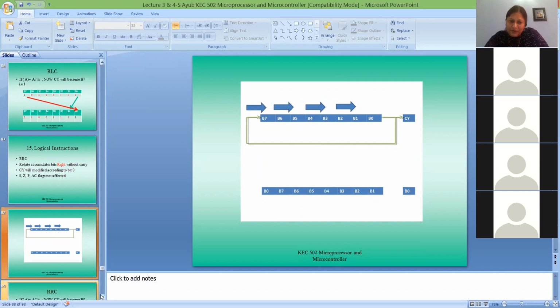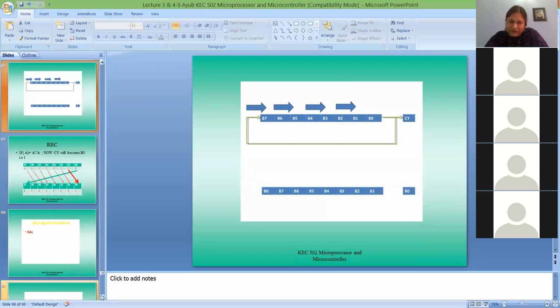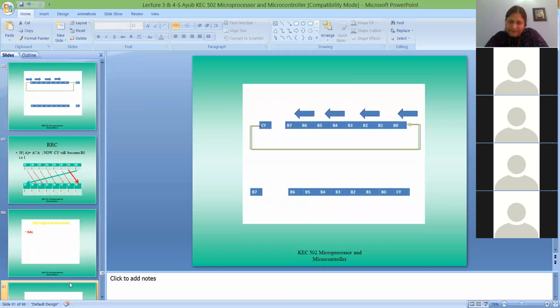But when we talk about a with-carry instruction like this, your carry flag will also sit in this empty position, and your B7 which is empty now, this B0 will sit in this particular position also.